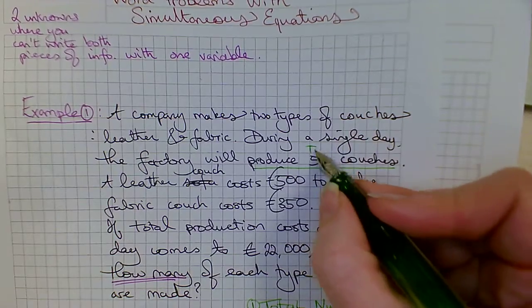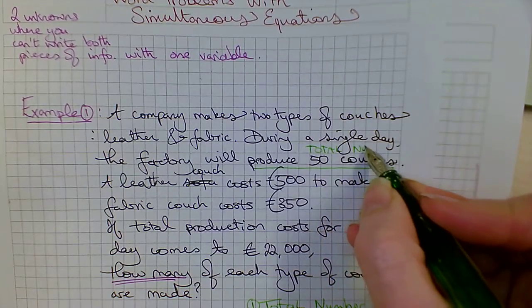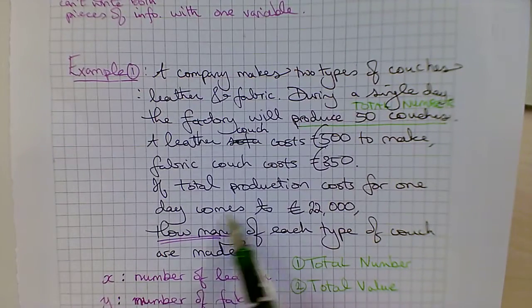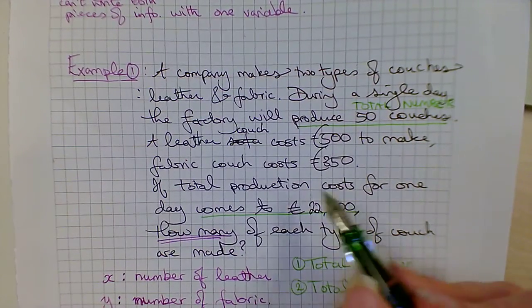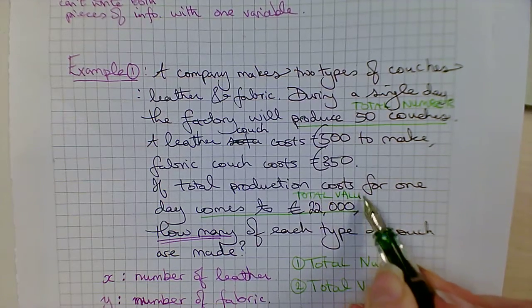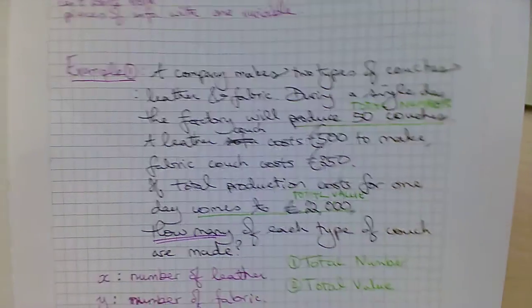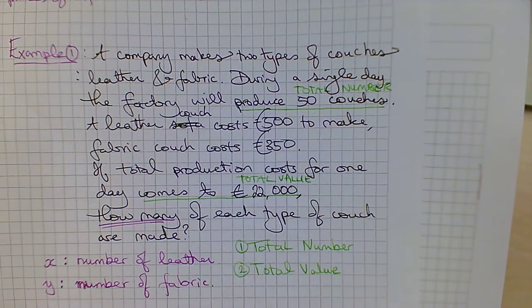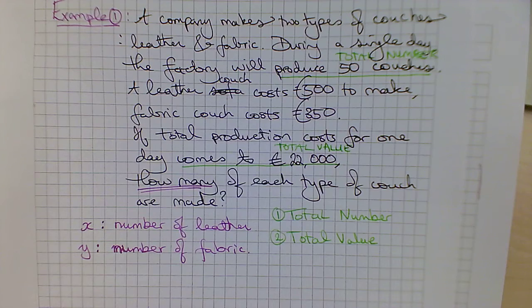So here's my total number. And the second piece of information was my total value or my total cost. So those two pieces of information don't ever directly go together. They will always be the two pieces of information for the two equations that I'm trying to form.